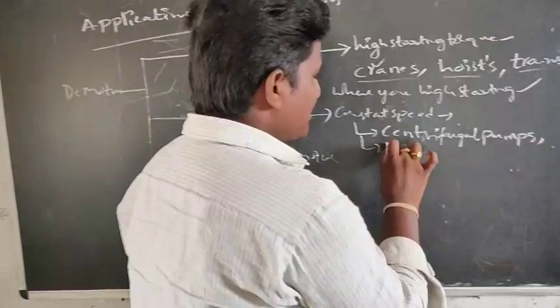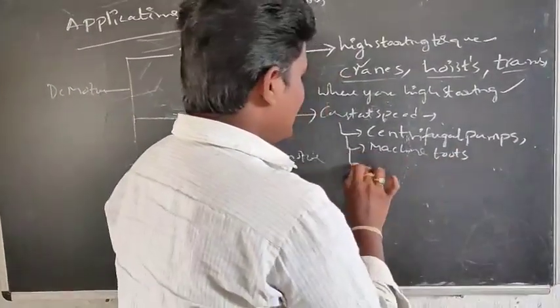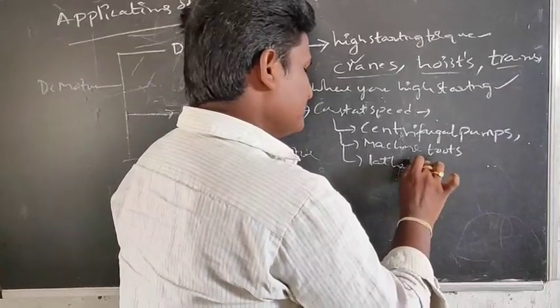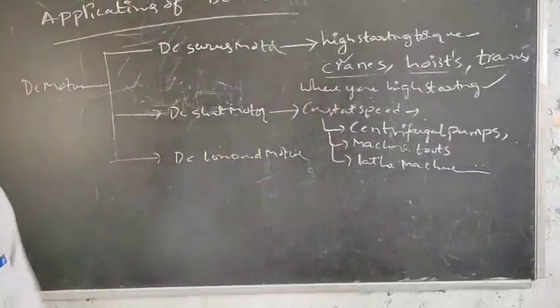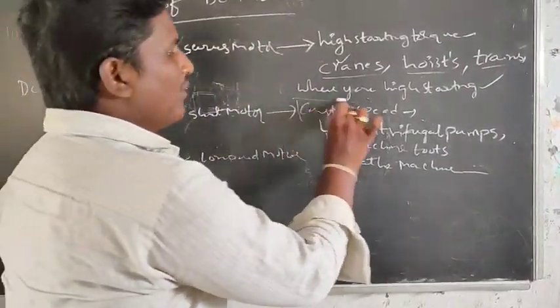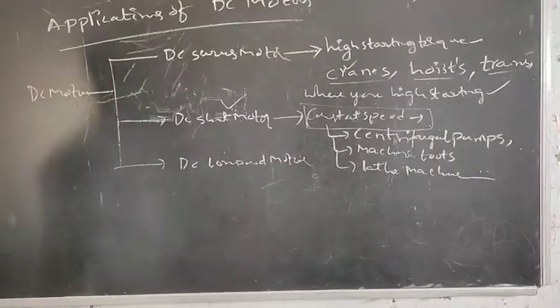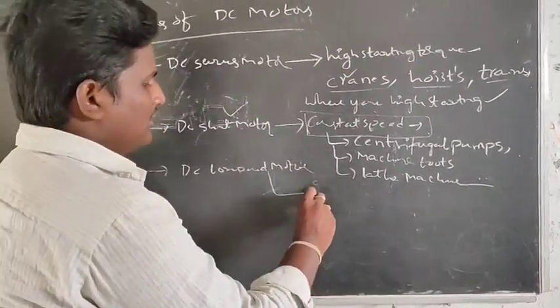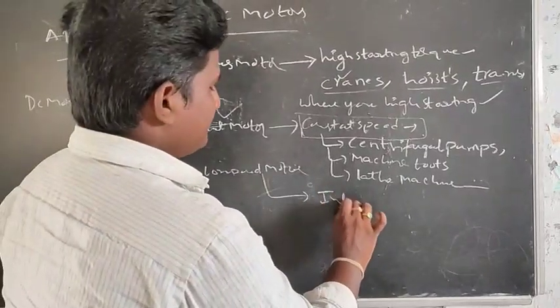Next, machine tools, lathe machines, etc. For this type of application operated at constant speed with DC supply, we can choose the DC shunt motor. Compound motor is used for intermittent loads.